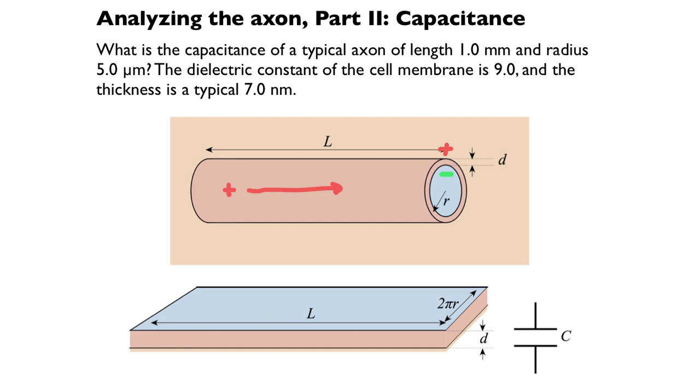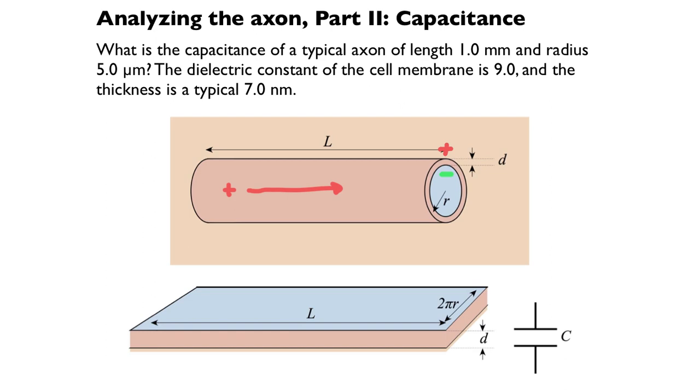And I'm charging up the cell membrane with charges that I am moving down the center of the axon, which has a certain resistance associated with it. And when I've moved enough charges to change the potential across the cell membrane, that triggers an action potential, and the signal will continue. So basically, I am charging up the capacitance of the cell membrane.